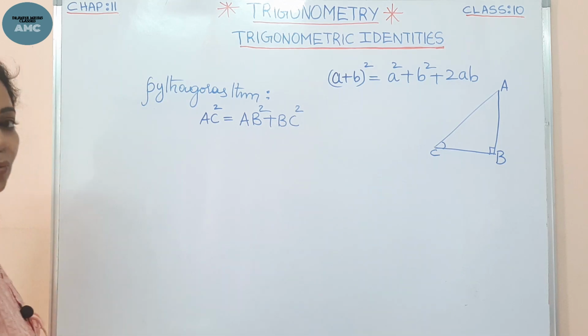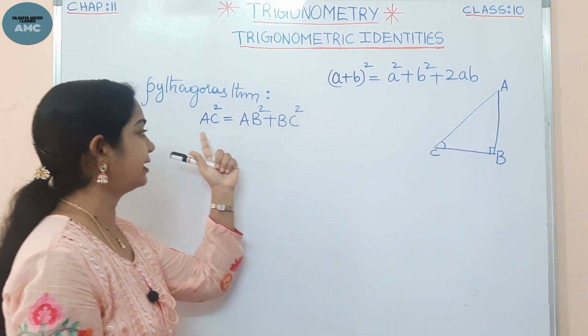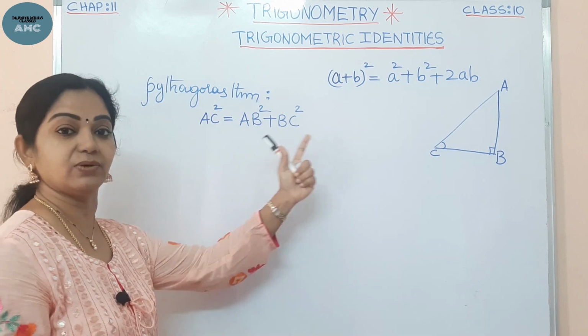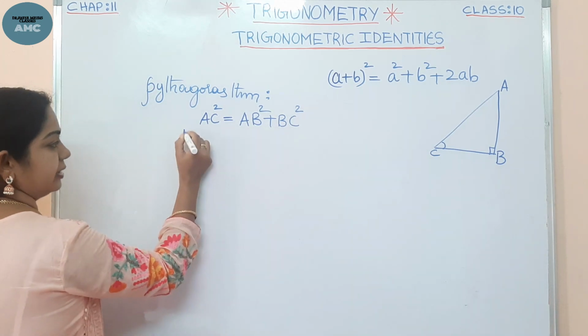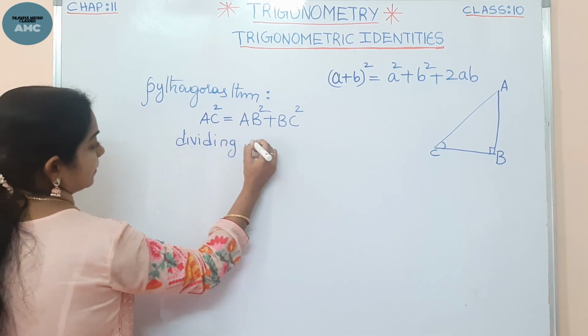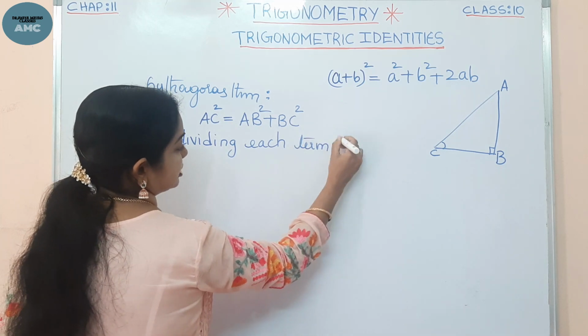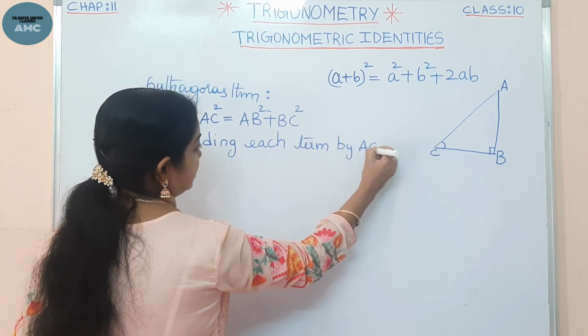Okay, now what I'll do, I will be dividing each term with AC square. So, dividing each term, both sides of the equation, right? Dividing each term by AC square.